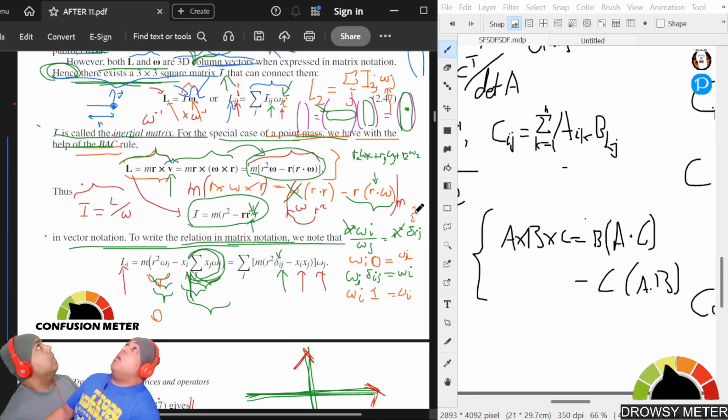If they're not the same, this is 0. This division is 0. What does that mean? That means omega_i is 0. 0 divided by something is 0.